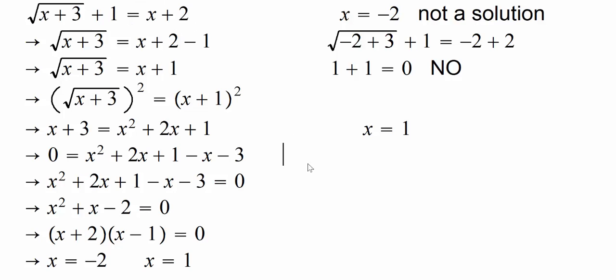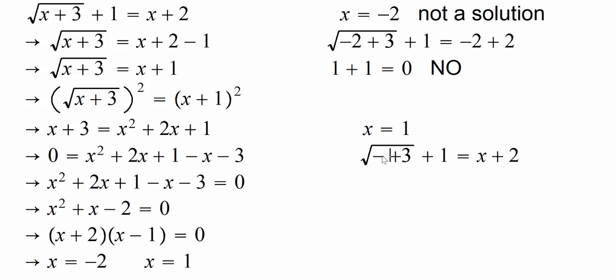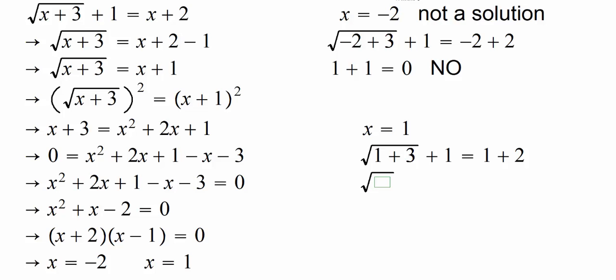With x equals 1, we get the square root of 4 plus 1 equals 3, so you can see that 2 plus 1 indeed is equal to 3.